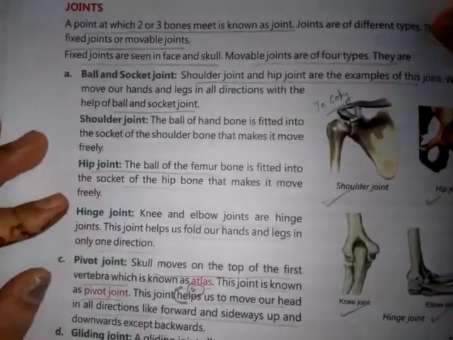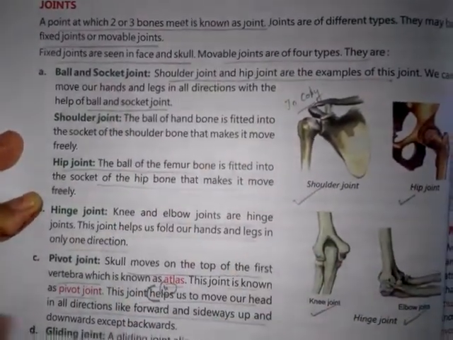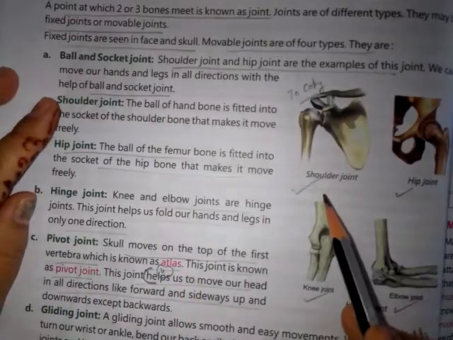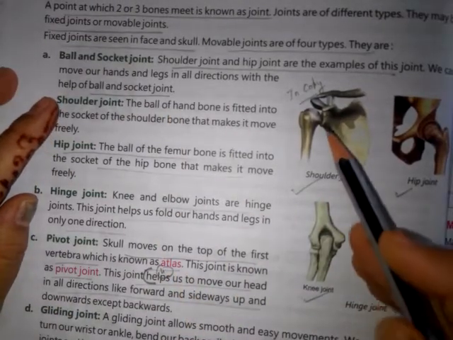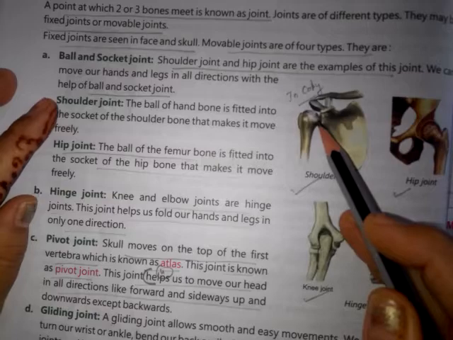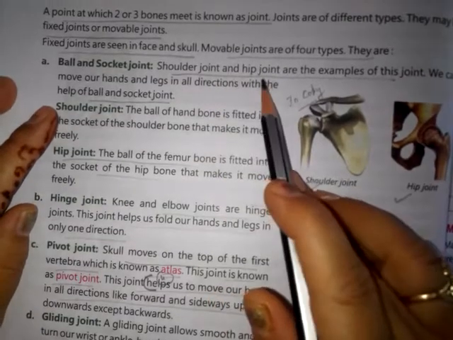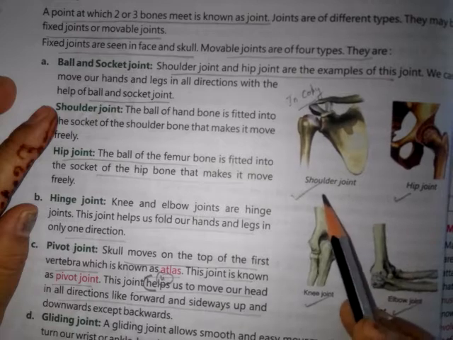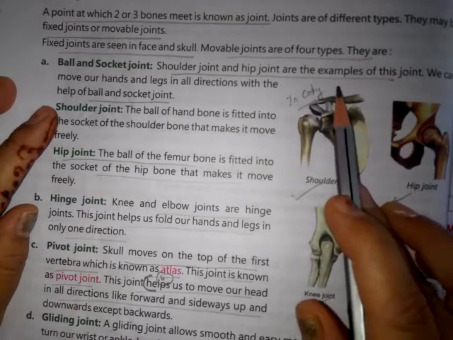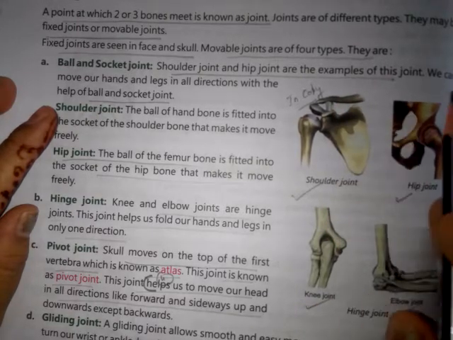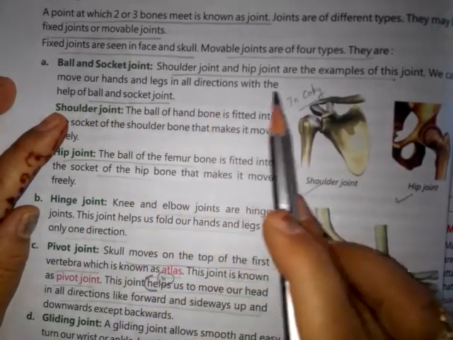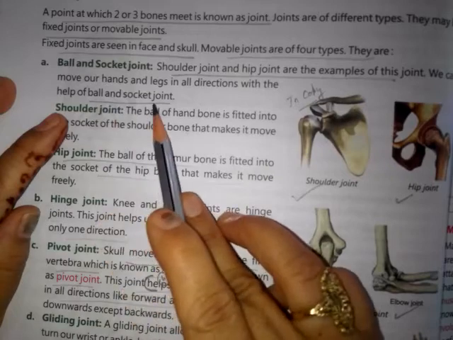First is the ball and socket joint. See children, the shoulder joint is a ball and socket joint. The shoulder joint and hip joint are examples of this joint. We can move our hands and legs in all directions with the help of the ball and socket joint.